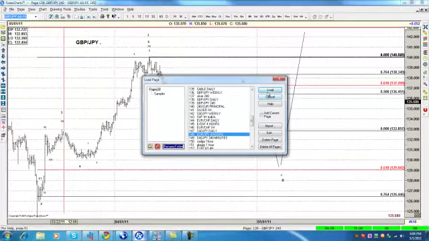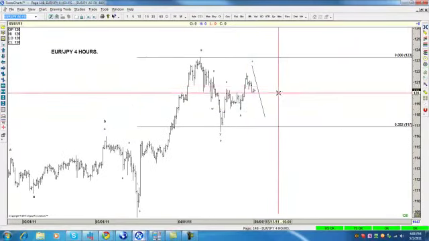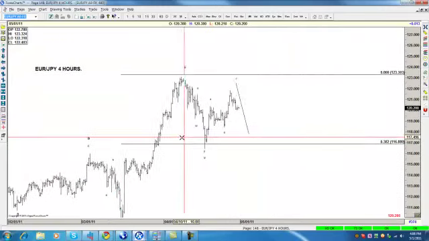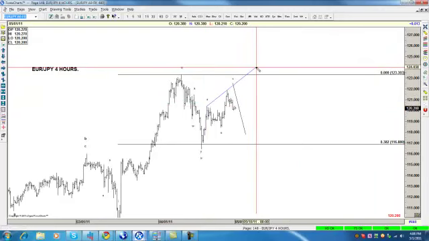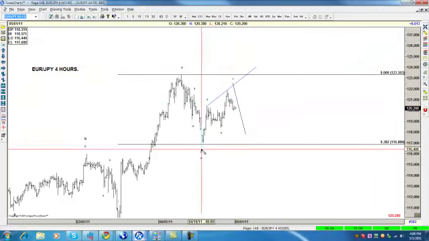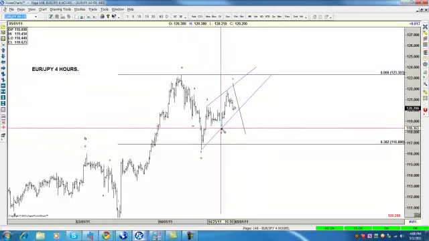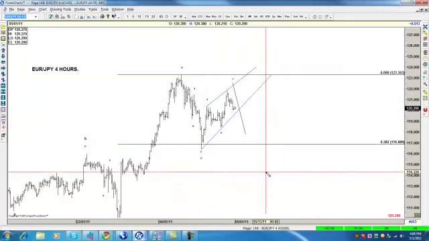Look at the euro yen. I mean, this can be an ending diagonal, to be honest, in the wave 5. Looks like either an ending diagonal or a wave B. All you have to do is, if you see that 118.44 is taken, get lower, because that's going to take it lower about 500 pips.